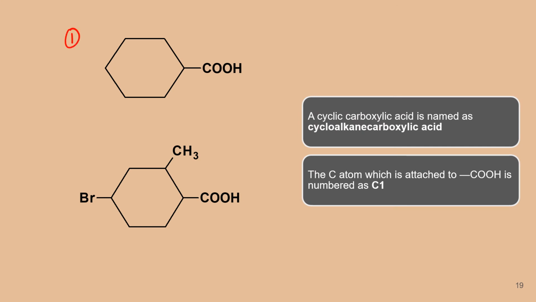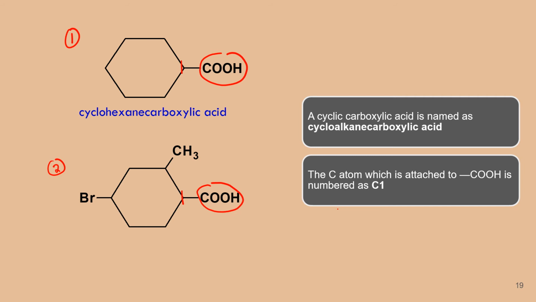In the first structure here, we have cyclohexane that is directly bonded to carboxyl group. So definitely this carbon of cyclohexane will be carbon number 1. And the name of this molecule will be cyclohexane carboxylic acid. And in second structure juga kita ada cyclohexane that is directly bonded to the carboxyl group. So definitely this carbon on cyclohexane will be carbon number 1. And proceed numbering that gives the substituent at lowest position ataupun that gives lowest summation of locants.